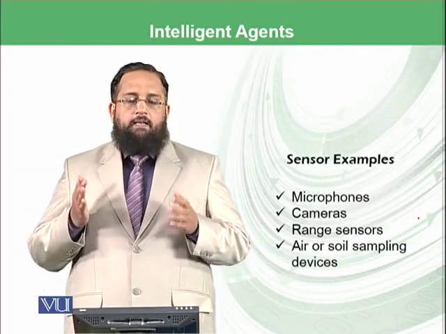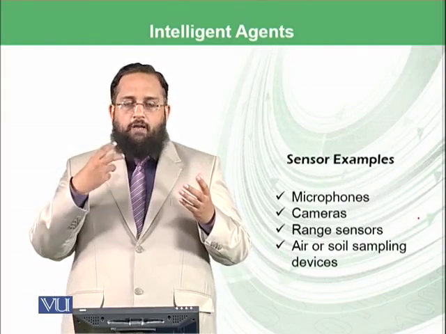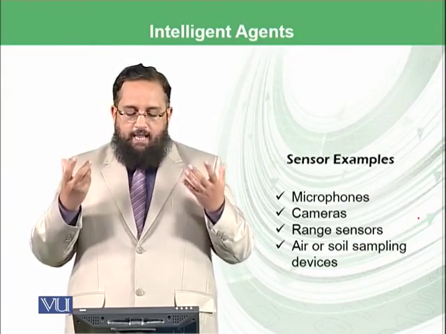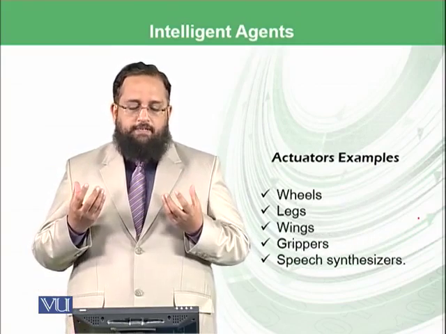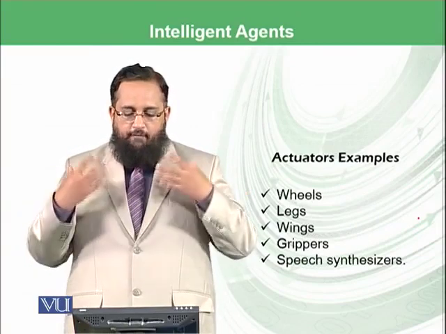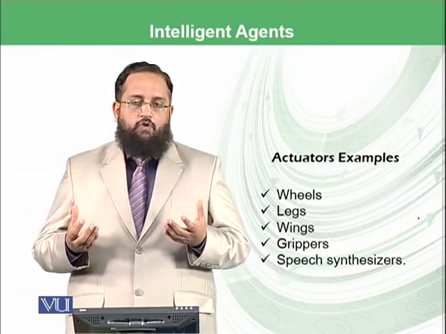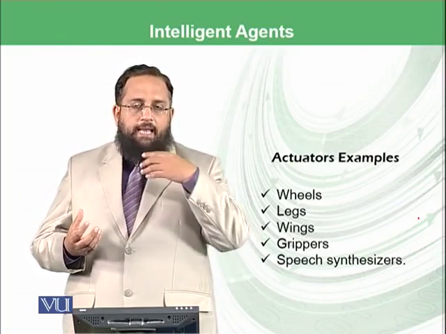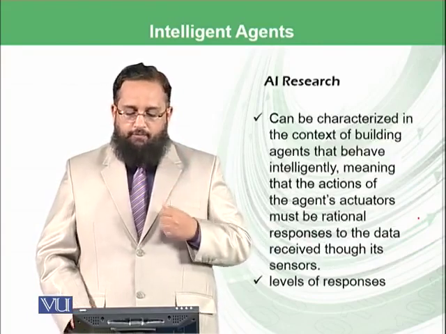Examples of sensors are microphones, which agents can use to record, cameras, range sensors, air or soil sampling devices. And they have actuators like wheels, legs, wings, grippers, and speech synthesizers. All of those are called actuators, from which they can make an effect, or respond or behave.